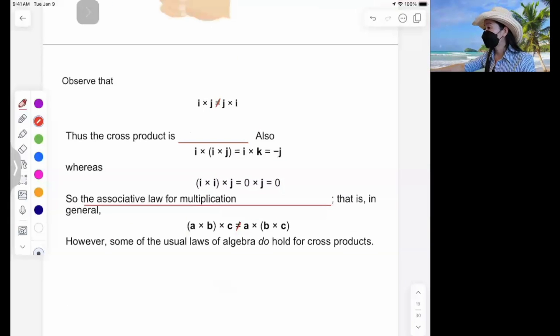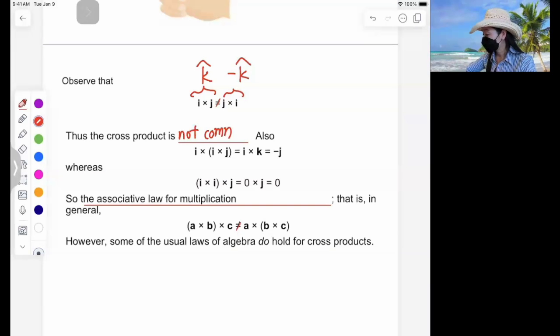So you see the cross product, is it commutative? If commutative, then I cross J and J cross I would be the same, right? I cross J is K. And what's J cross I? Negative K, right? So they're not equal. So it's not commutative, it's actually opposite.